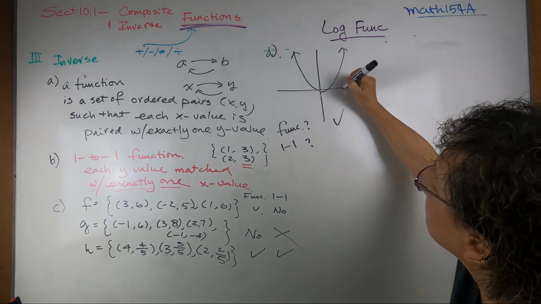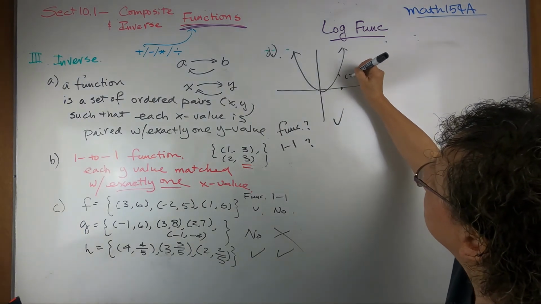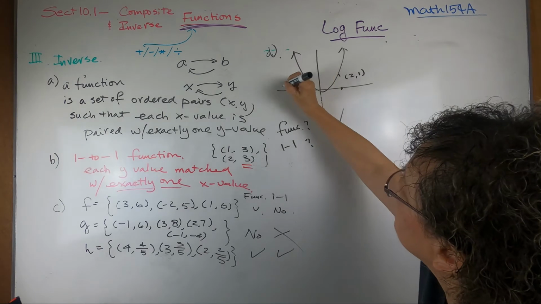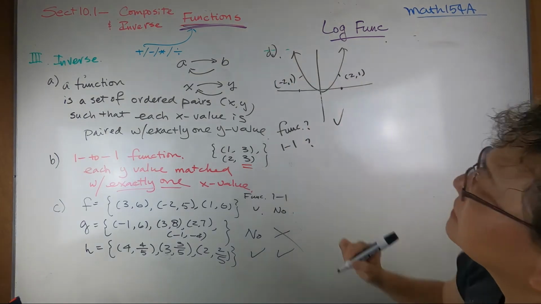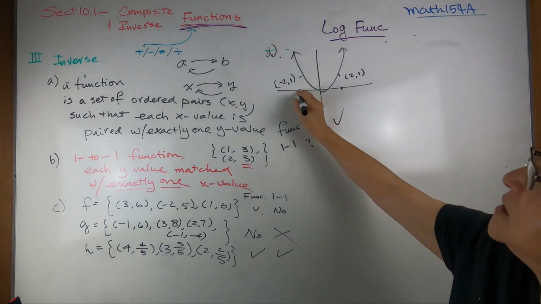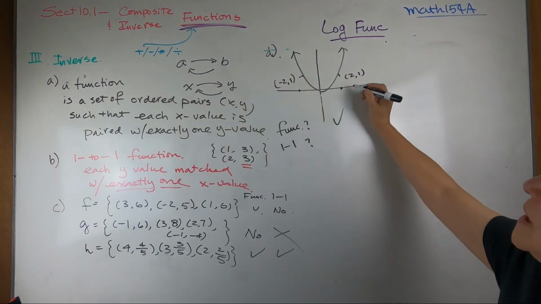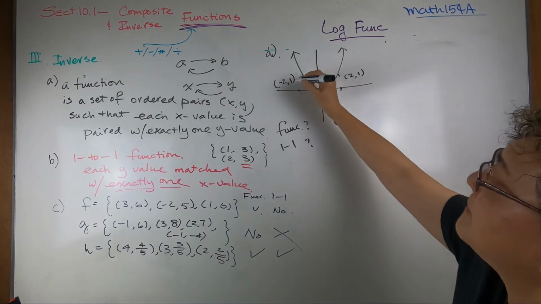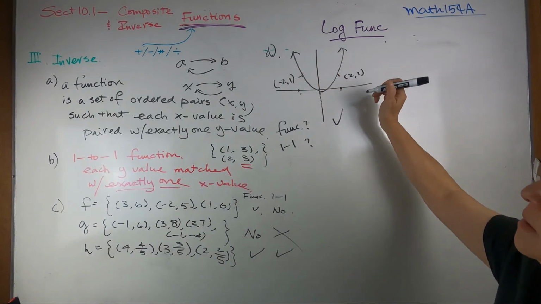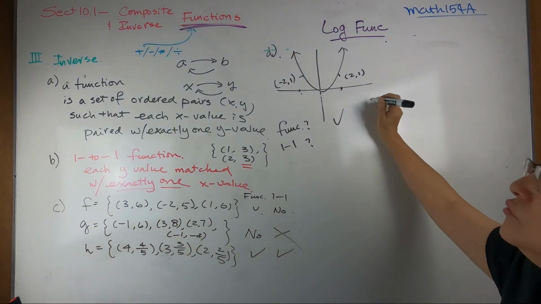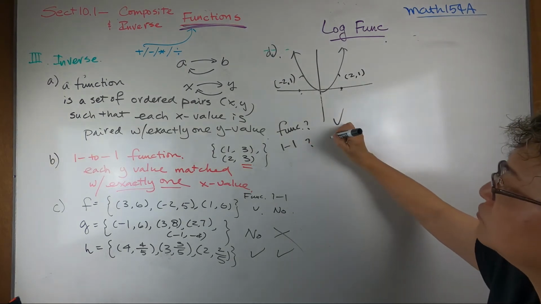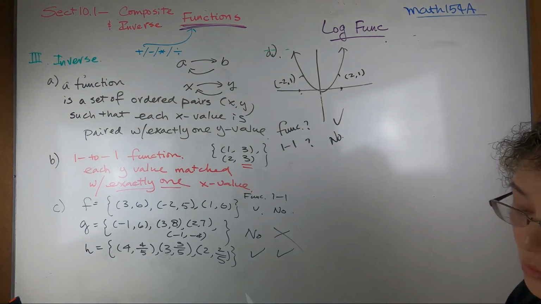Like here, I have say 2, 1, I might have -2, 1, right? -2 to y is 1. Is this a one-to-one function? I have 2 and -2 mapped to 1. So it's not 1-to-1.